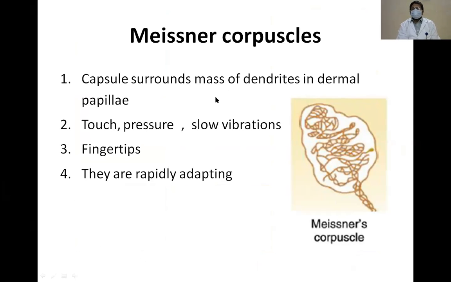They are more present in the fingertips. They are examples of rapidly adapting receptors. The most common sensation that rapidly adapts is touch, and the sensation which never adapts is pain. Suppose pain adapted, you would have so many problems.